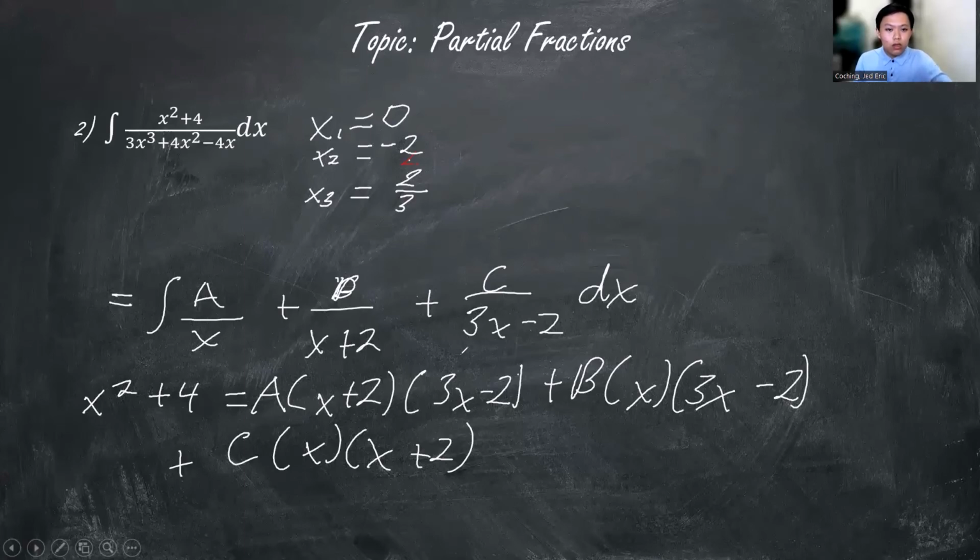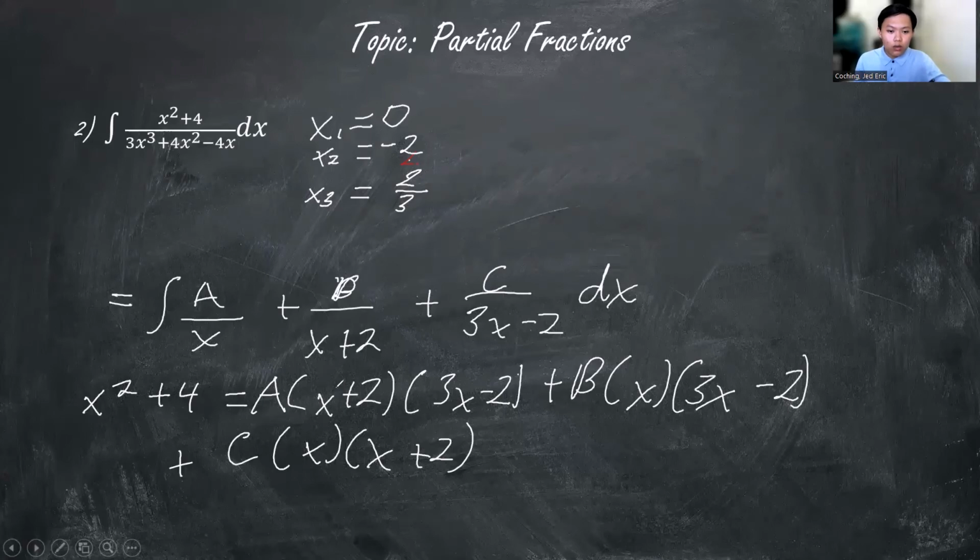Okay, so x squared plus 4 is equal to a times x plus 2, 3x. As this is all 0, we can cancel this out.